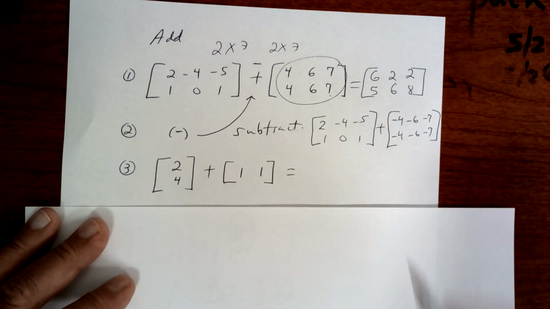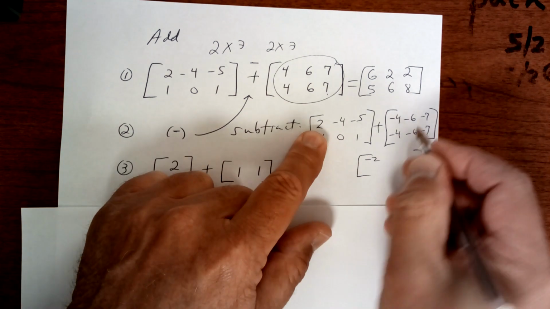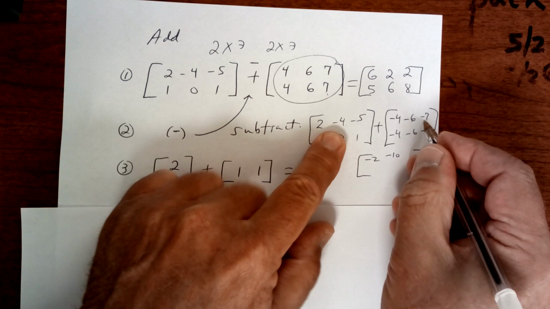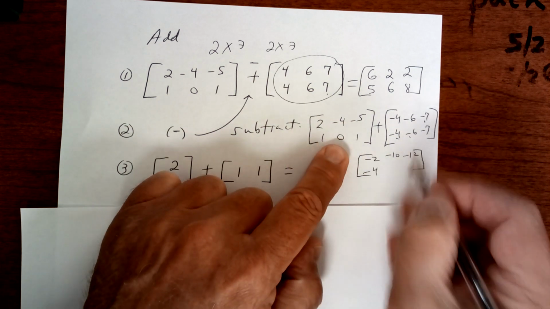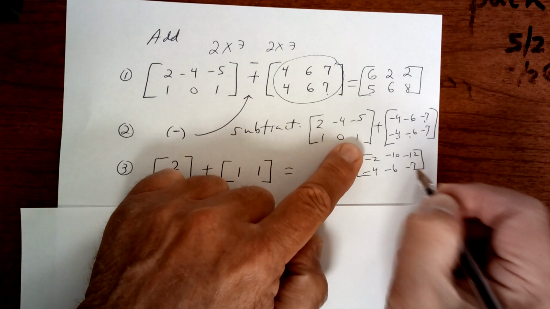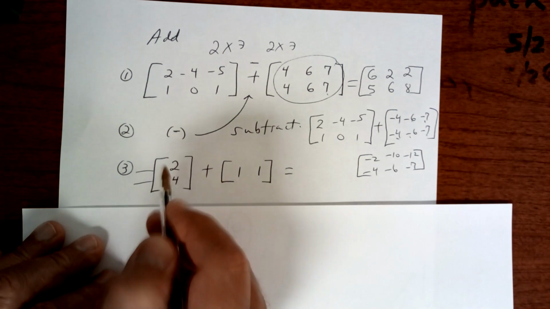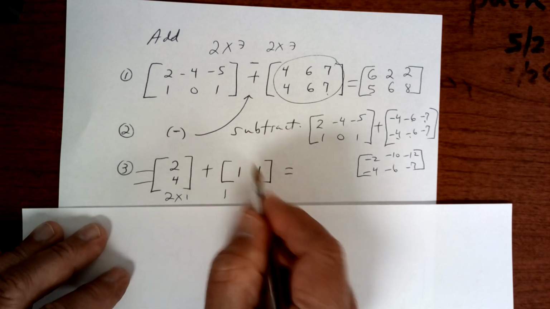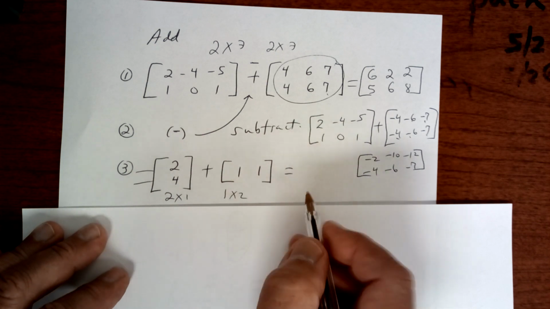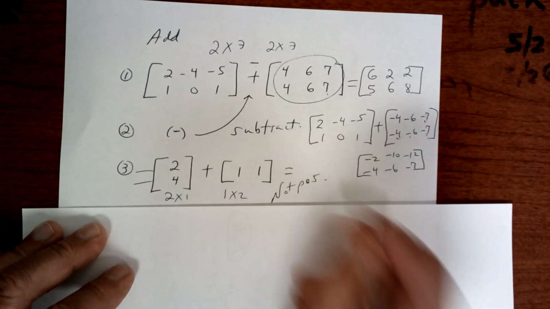So the answer is going to be negative 2, negative 10, negative 12, negative 4, negative 6, and negative 7. And then you're done. Now let's talk about adding this one. This one is a 2 by 1, and this one is a 1 by 2. 1 row, 2 columns. You can't do it. So not possible. Remember, to add or subtract, they have to be the same dimension.